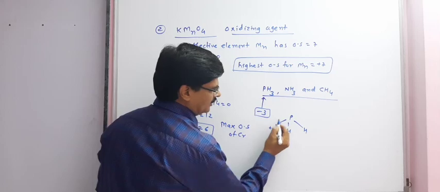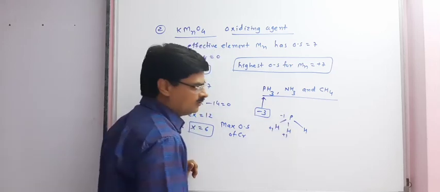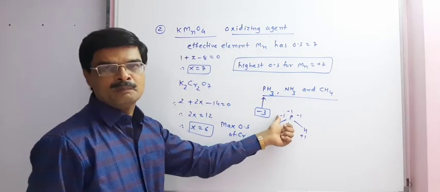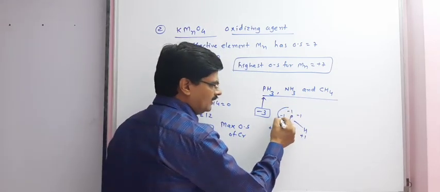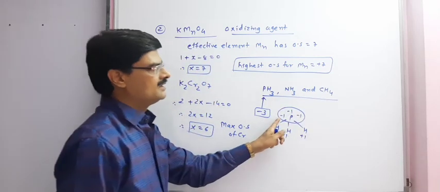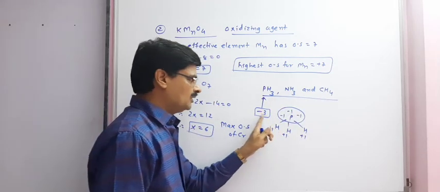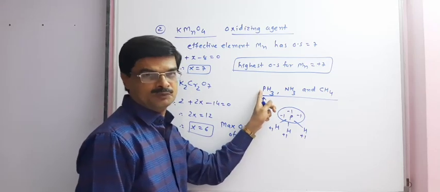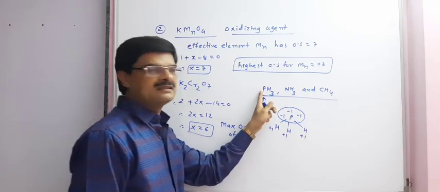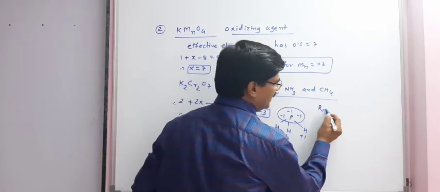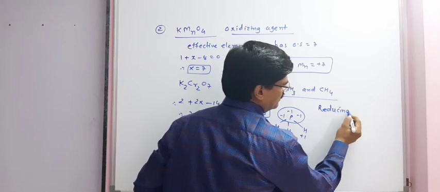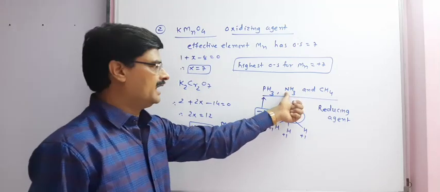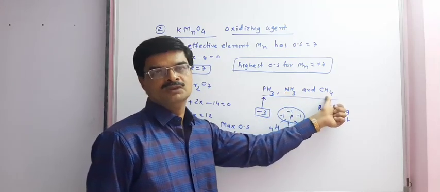H is plus 1, so this is minus 1, again plus 1, minus 1. On the basis of the difference of electronegativity, phosphorus has oxidation state minus 3. Therefore, this is the minimum oxidation state for the effective element phosphorus. That means PH3 can behave as a reducing agent only. Same way we can understand for NH3 and CH4 also.